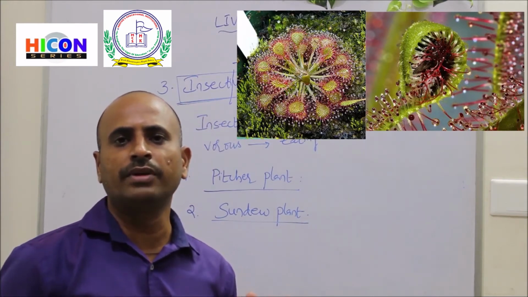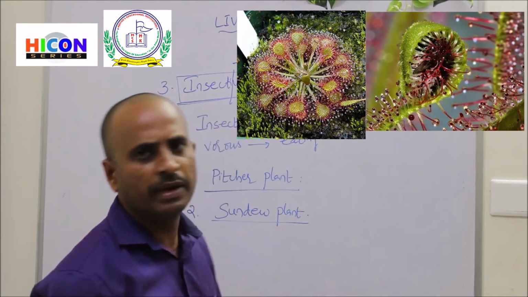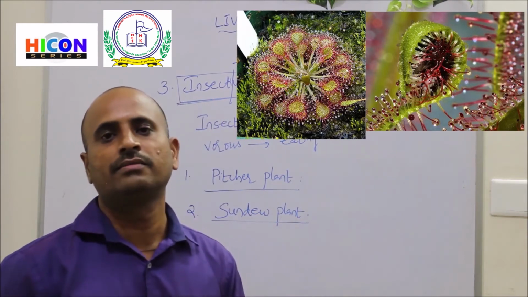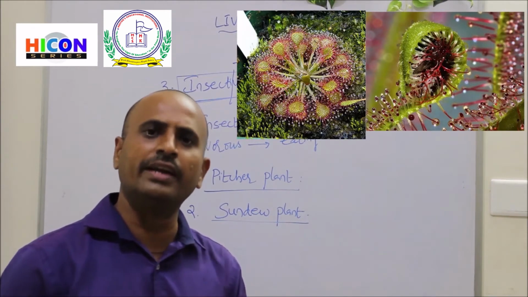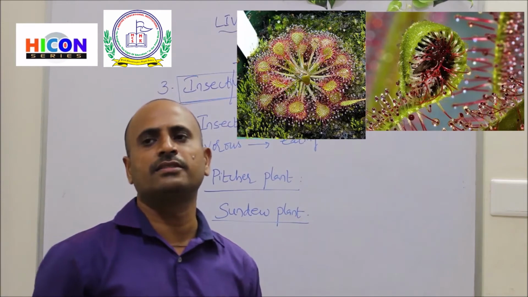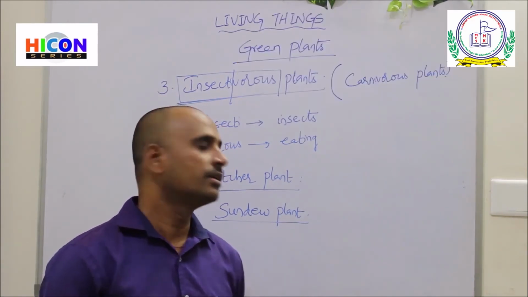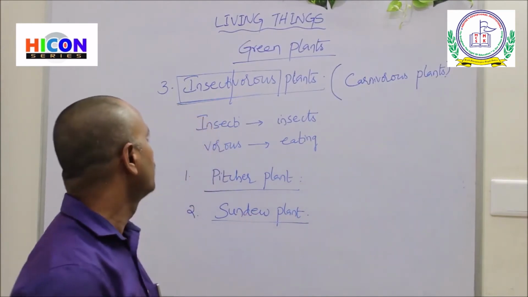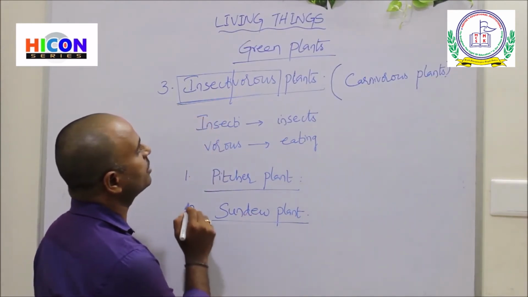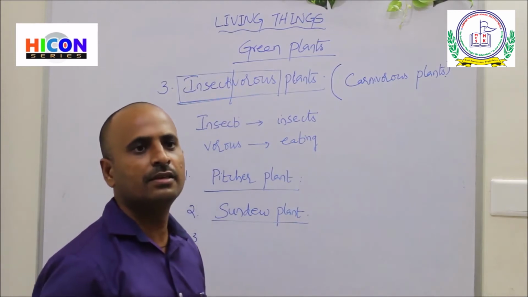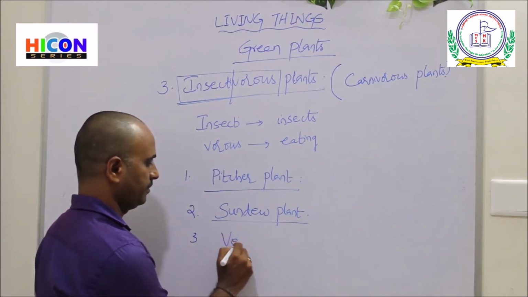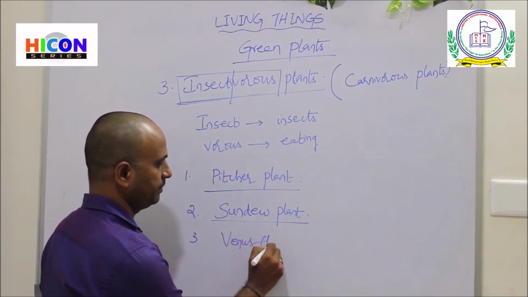When the insect comes near, its leaf will fold over the insect, kill it, and eat it. And the third example for insectivorous plants is the Venus flytrap.